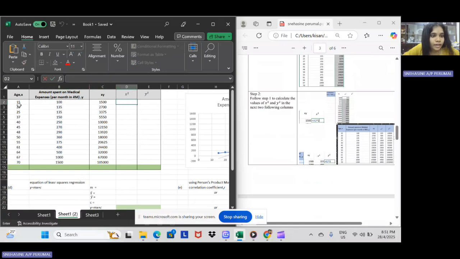So 15 and then you type the squared sign, 2. Then you get the squared answer. The same way that we do for the xy: click over here and then pull until C14. So you'll get the answer easily. Okay, the same method for the y, but you have to use the amount spent on the medical expenses.